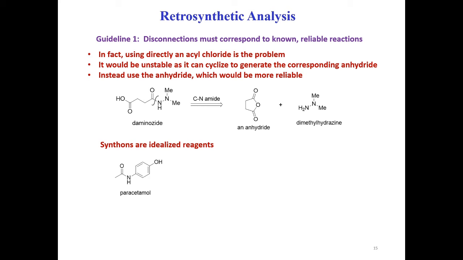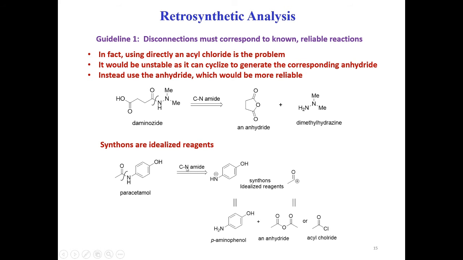On the other hand, if you consider paracetamol as the target molecule, you have an amide bond here also, so it will cleave to the corresponding idealized fragments, which we call synthons. When you cleave this, the nitrogen will bear a negative charge and the carbon will bear a positive charge.